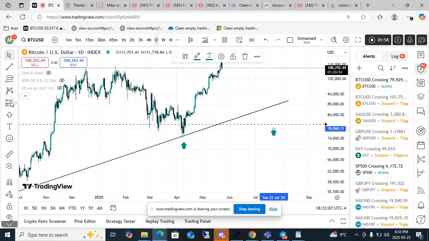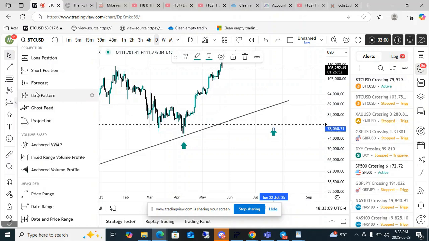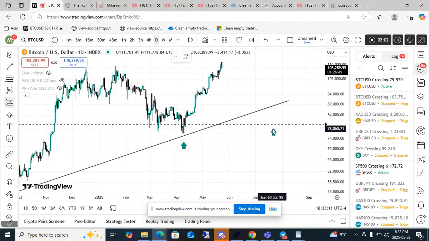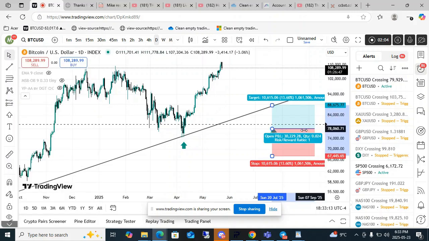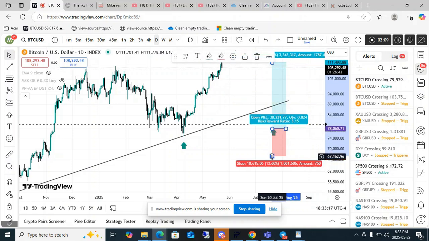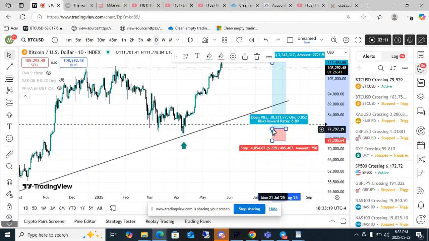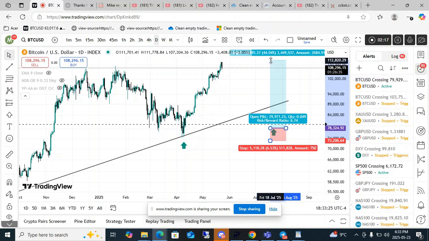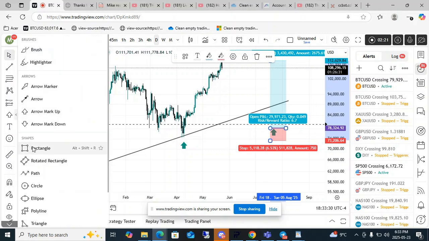So usually this is what I do. I wait for BTC here at the order block. Okay, so I mark out my zone.